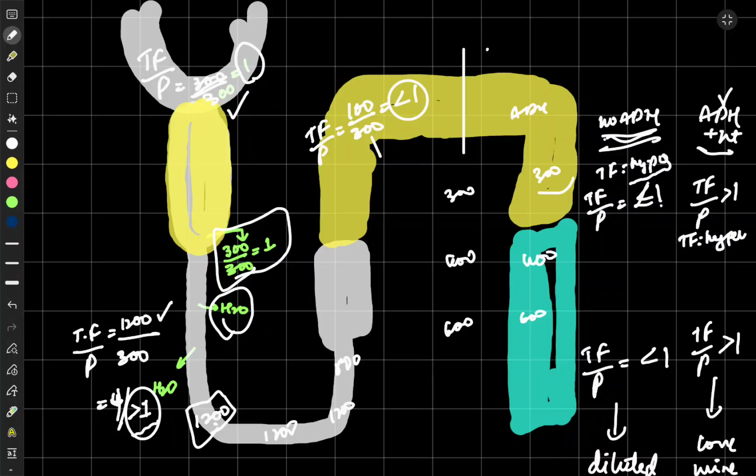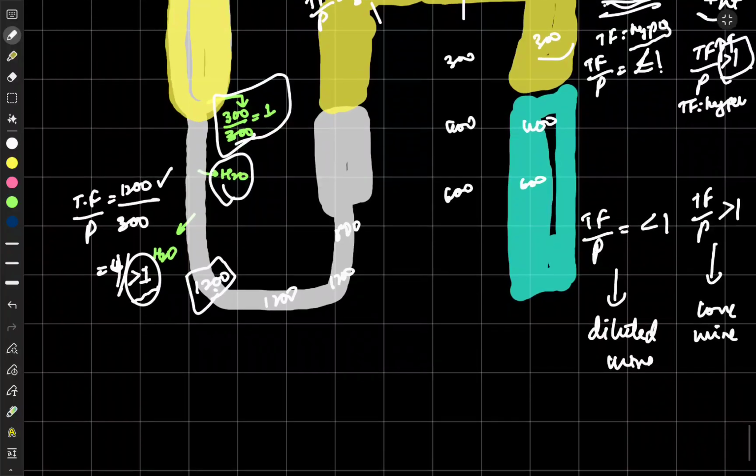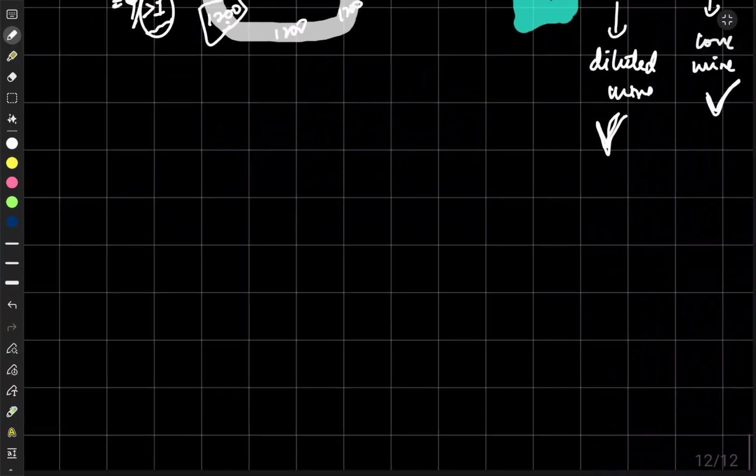But in the presence of ADH, the tubular fluid gets hyperosmolar due to absorption of water, so the ratio is more than 1. This is the same in the collecting duct as well. So this produces diluted urine in the absence of ADH, and in the presence of ADH it produces concentrated urine. Alright.